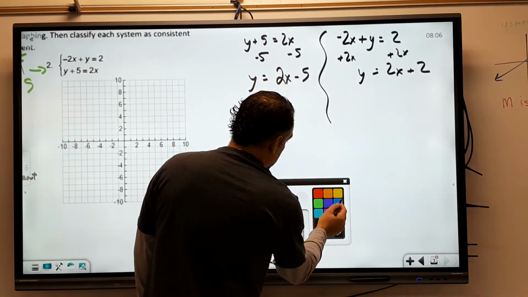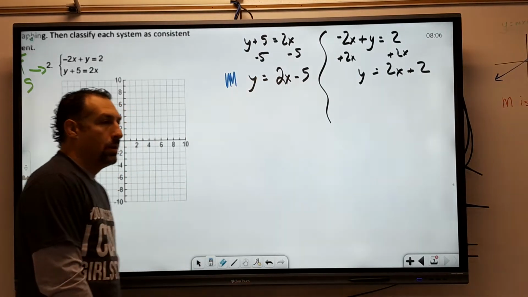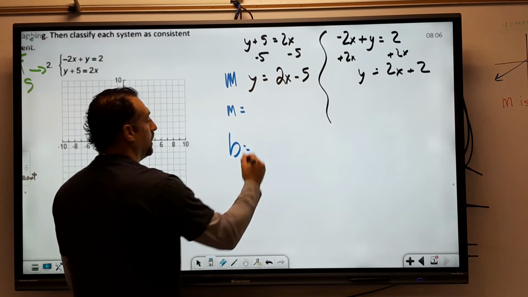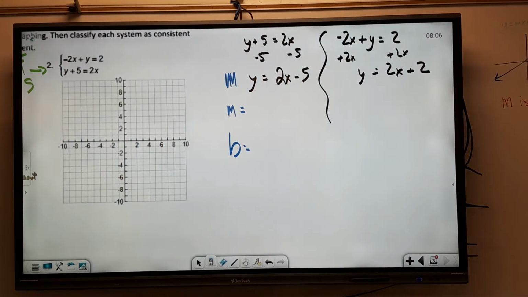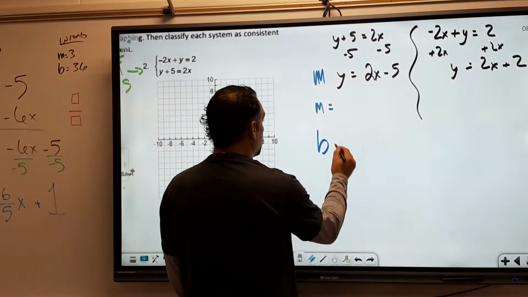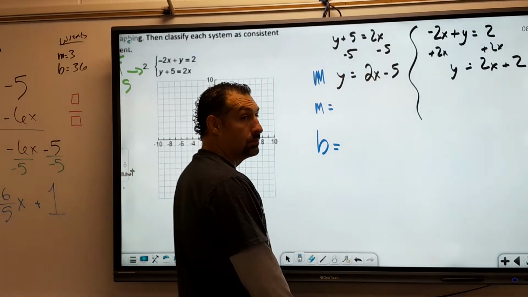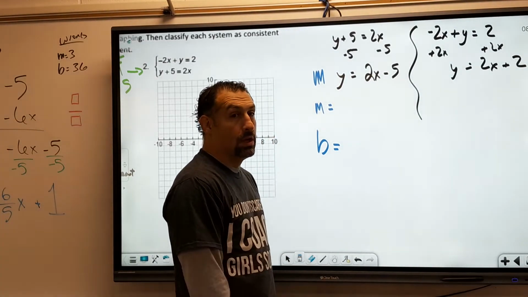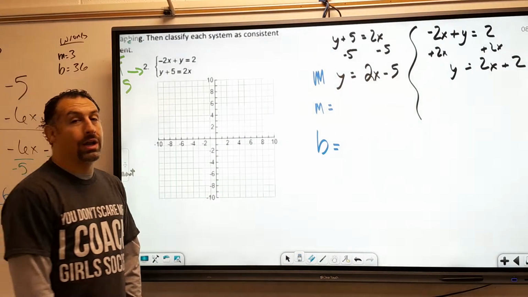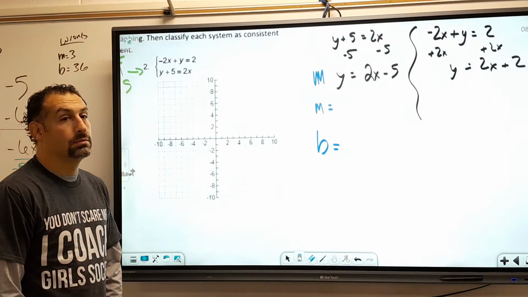Pick a color. We'll call this one the blue one. On the blue one, let's identify our slope and our B. What's the slope, Braden? Someone at the table, please assist Braden. 2x.